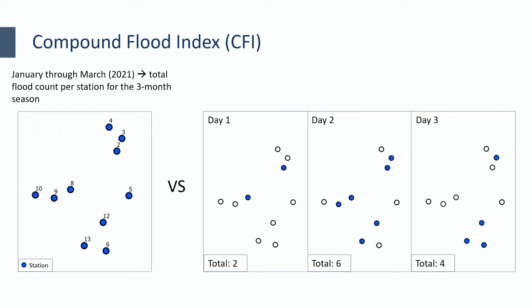Now another component of the CFI is, well, how do you determine the number of stations flooding simultaneously that is actually statistically significant or not occurring by chance? Like, what is the number that is of relevance?